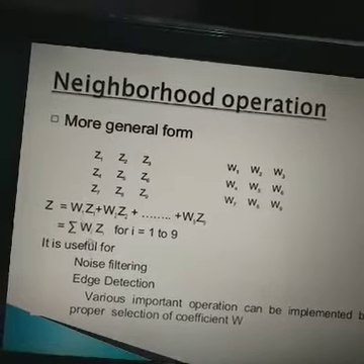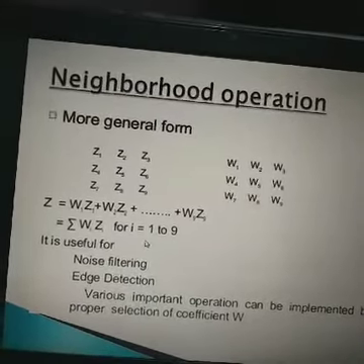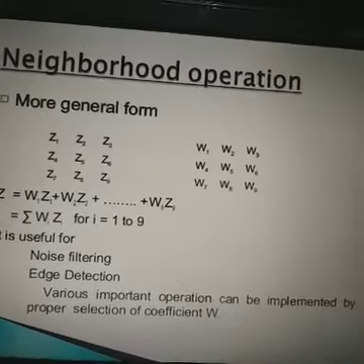So we get a summation of wi zi, where i is from 1 to 9, the number of pixels. For 3 into 3 they are 1 to 9. This process is very useful for noise filtering and edge detection. Various important operations can be implemented by the proper selection of the coefficients wi, that is the window operation.